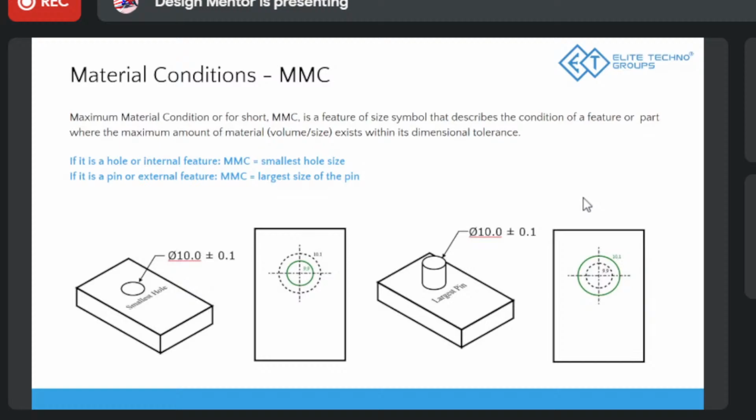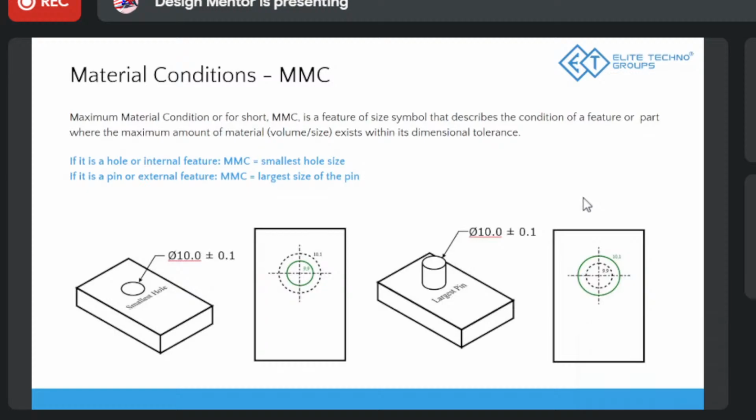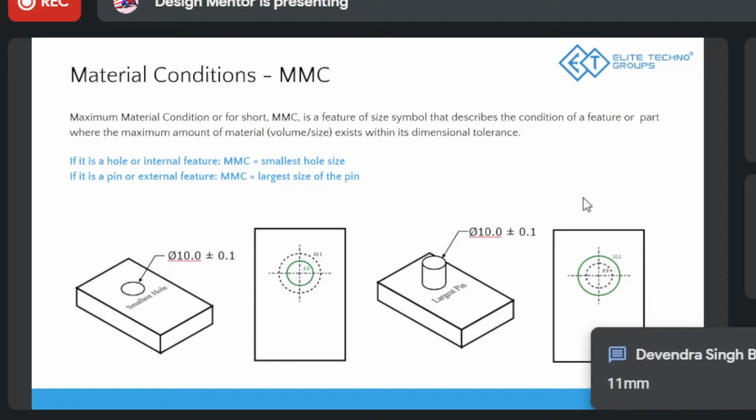So which one of that is the maximum material? I'm taking 1 because it's a bigger number, so we can talk more easily. Right, 11 mm. So in a shaft, the maximum material condition is 11 mm.